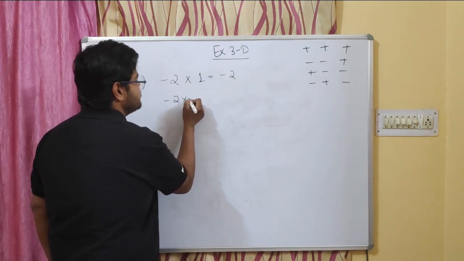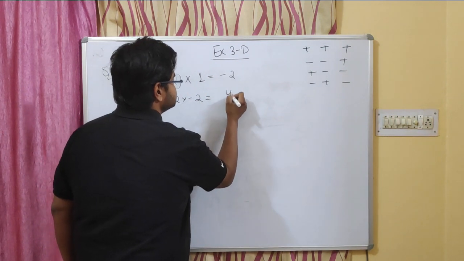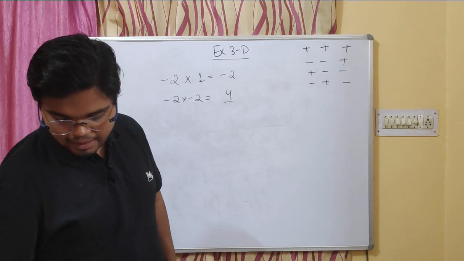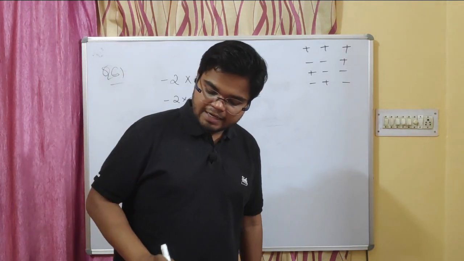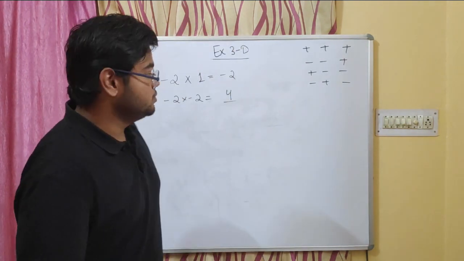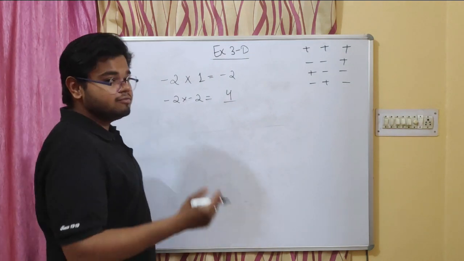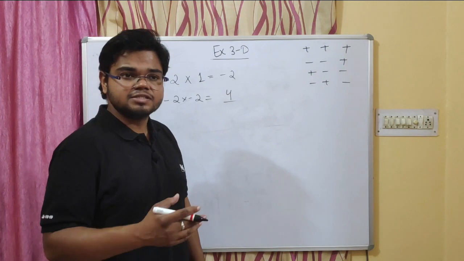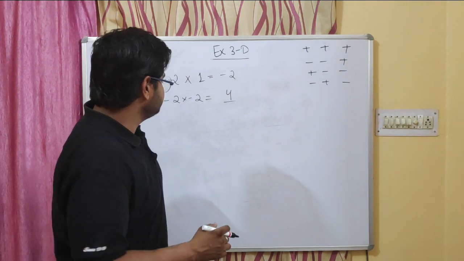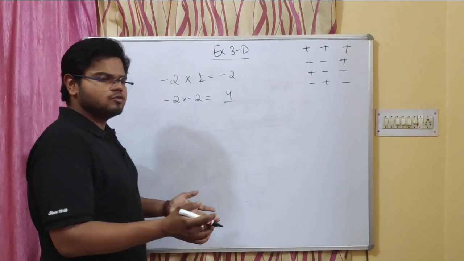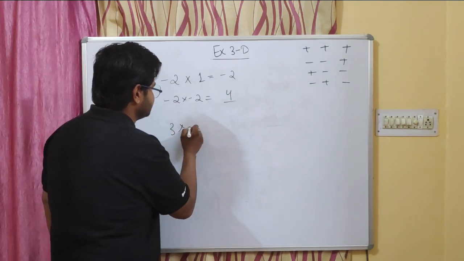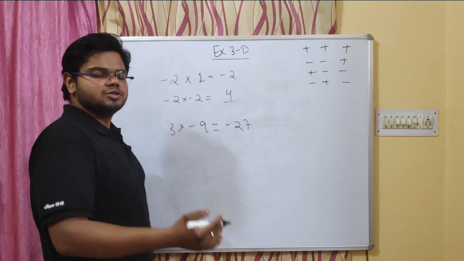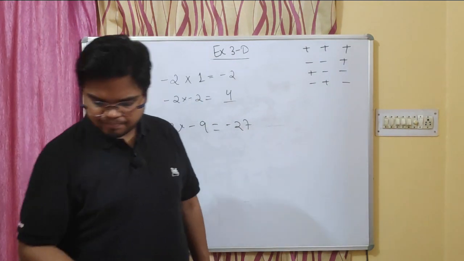But if both are negative, then the end result would be positive. So this is false. Third part, the product of a negative and a positive integer may be 0. Since 0 is not considered as positive or negative, if you multiply any negative or positive integer, for example 3 into minus 9, it will give us minus 27, but it will never be equal to 0. So this one is false.